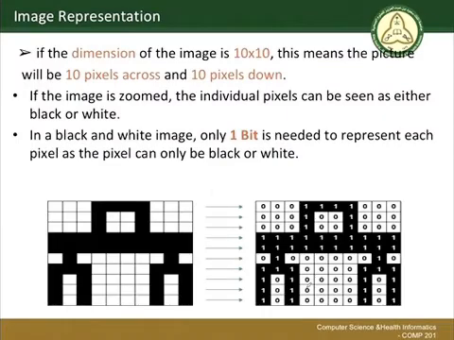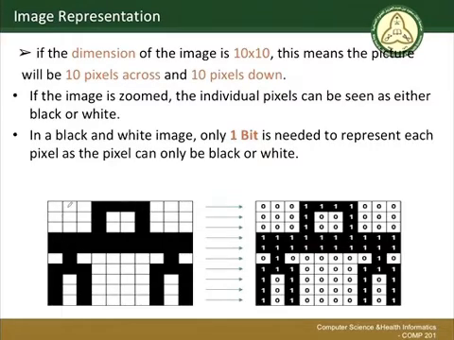So if the dimension of the image is 10 by 10, this means that the picture will have 10 pixels here and 10 pixels here. And if I ask you what is the total number of pixels this image has, it's going to be 10 multiplied by 10, which is 100 pixels. So actually, this picture here is a representation of an image that has a white background. If we zoom into the image enough, we can see that the image is pixelated in this way.